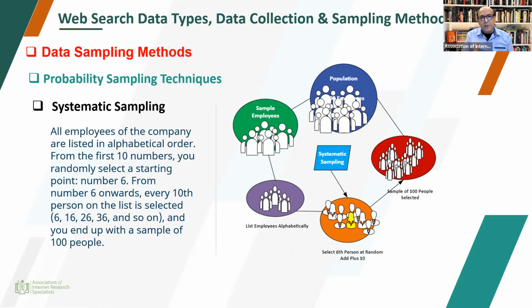So that deviation from standard, that standard is something that we will also discuss later, what could be the standard and what deviation means. Anyway, this is systematic sampling.